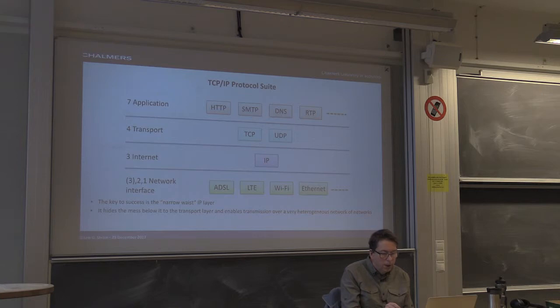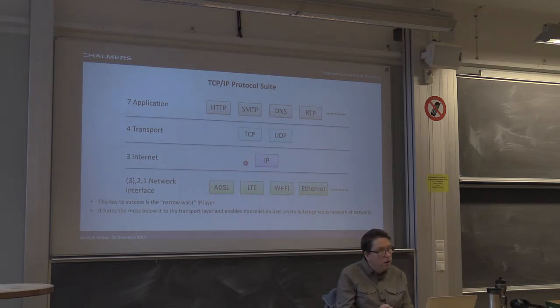So, the TCP/IP protocol suite looks like this. We have 4 layers: the network interface layer, internet layer, transport layer, and application layer. The network interface is at the bottom. If we start at the bottom here, we have many different types of networks: Wi-Fi, Ethernet, LTE, ADSL, fiber optical networks, satellite networks, whatever.